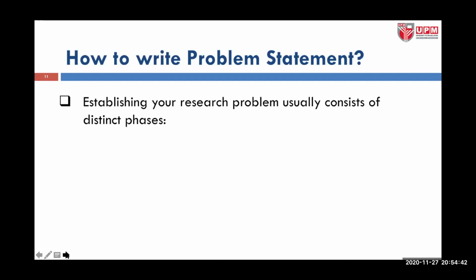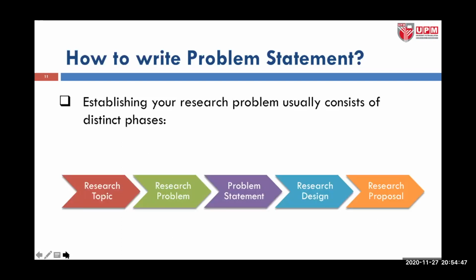Establishing your research problem usually consists of distinct phases. The first one is the research topic, where you establish the title of the project. Then the research problem comes second, and then you write the problem statement.